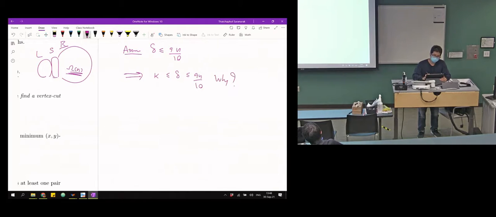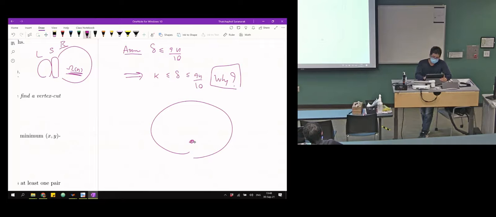Why? The minimum vertex cut itself is the minimum cut. You can just take the vertex with the minimum degree, V, and then you delete all of its neighbors. So that's one vertex cut. So you have this.